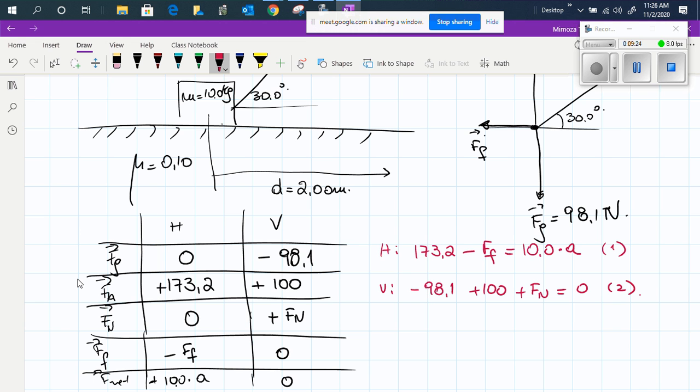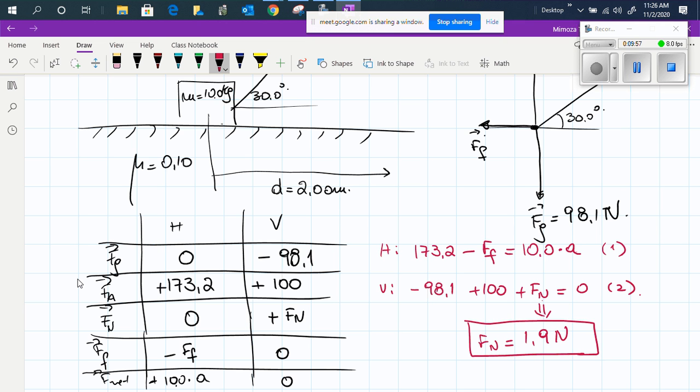As you notice here, we have 3 variables, acceleration, force normal and force of friction, and 2 equations, but they are kind of hidden, so that actually we have 2 variables only. So from here, we can find that force normal is equal to 100 minus 98.1, which is 1.9 newtons.